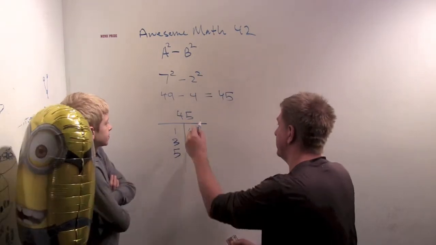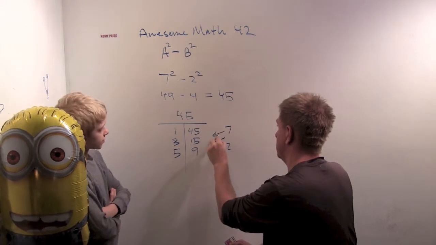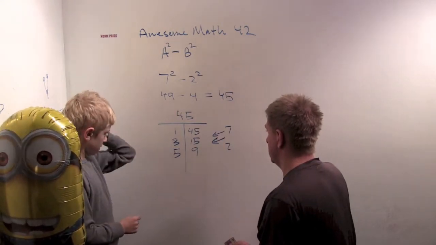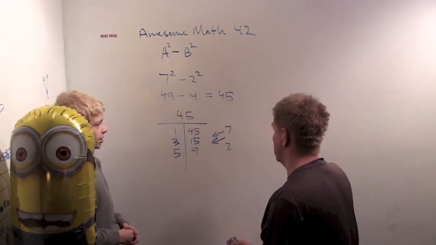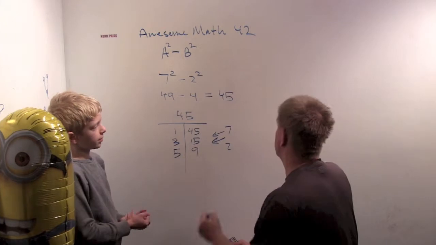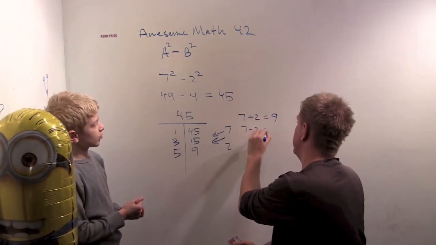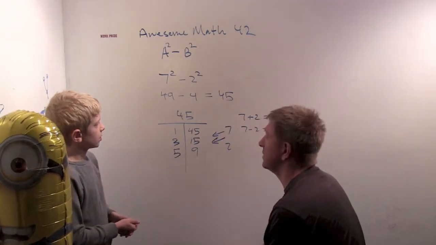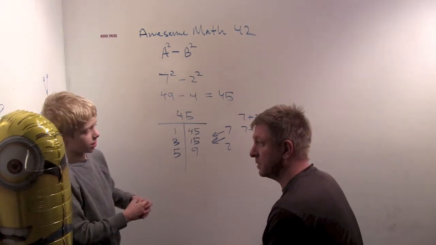Okay, can we relate 7 and 2 over here at all? Well, the bottom ones this time, 5 and 9. 7 plus 2 is 9, and 7 minus 2 is 5. Oh, interesting. But it didn't seem to work for the other one. What was the other one? It was 6 and 4.